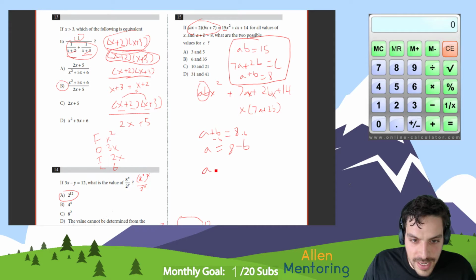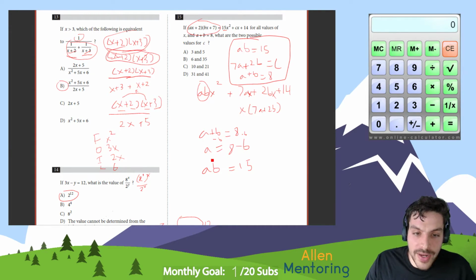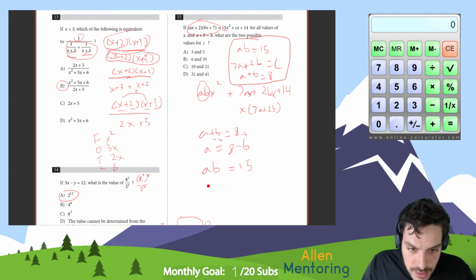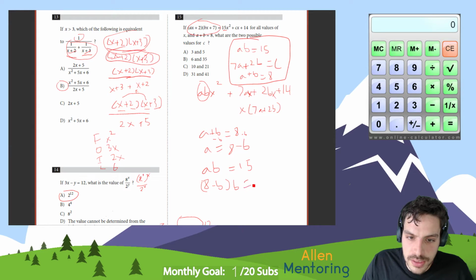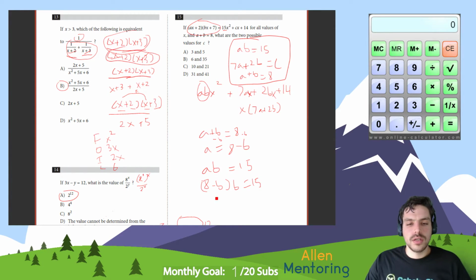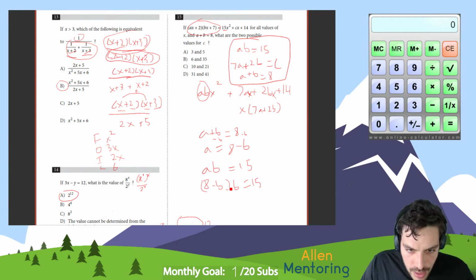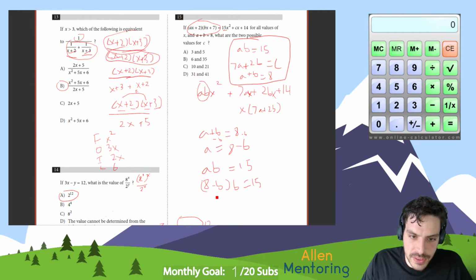So if I have AB is equal to 15, and I know that A is equal to 8 minus B, I can substitute 8 minus B times B is equal to 15. Now we want to distribute B to each of these. So we're going to have 8b minus b squared is equal to 15.